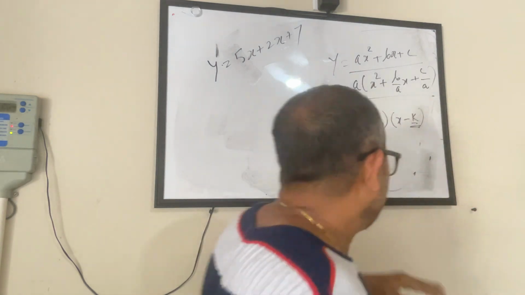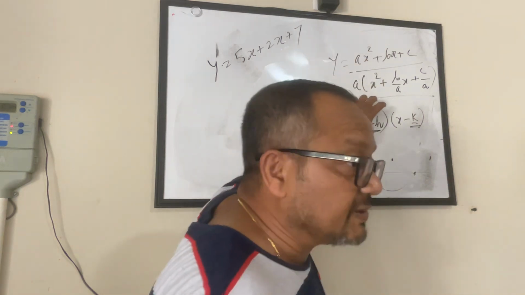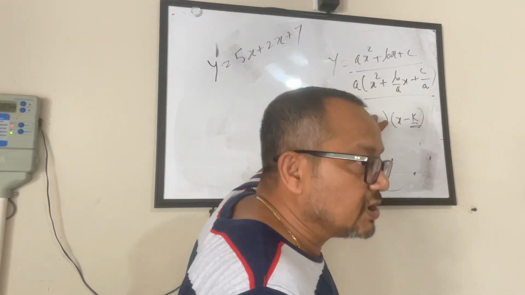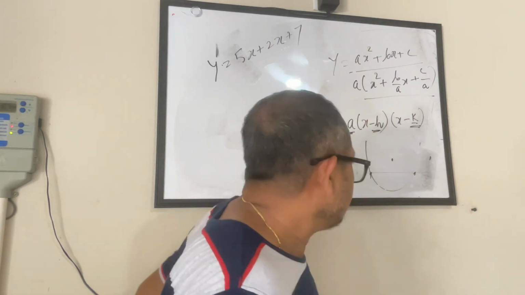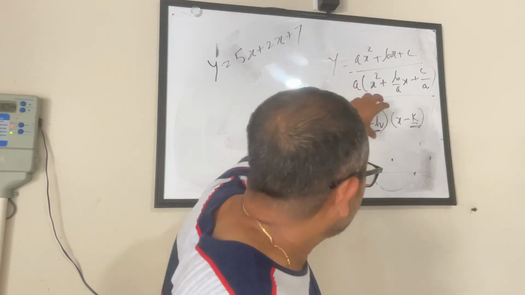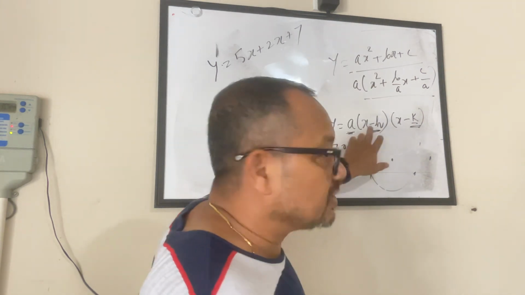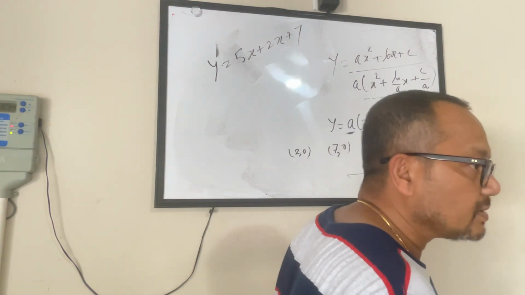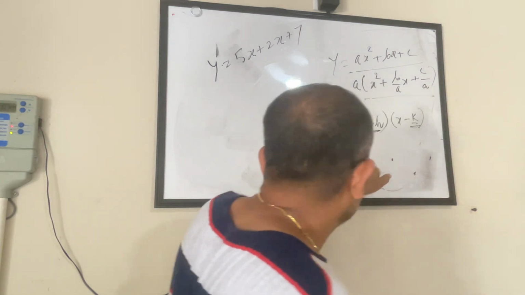But what I'm saying is, the standard form and the factored form are relatable. They are just extensions of each other. If you solve this equation and convert that to factors, that is what it is. Couldn't you, since you got 2 points, put in your x and y value and find a from there?